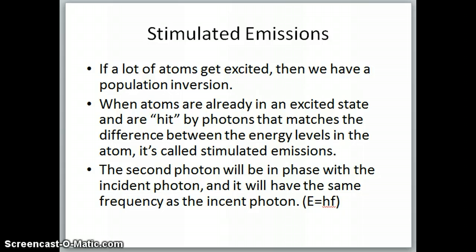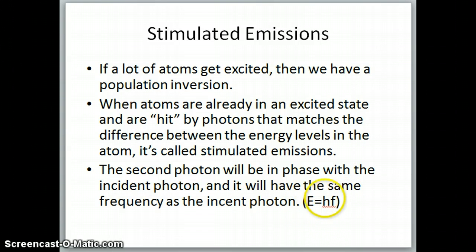In regular light, it's spontaneous emission, and that's a little different because that happens without any external forces. The external force here is the photon. So the second photon will go out with the first photon. They're kind of like friends, so they'll go out together in phase, and they'll have the same frequency, due to what we figured out in the photoelectric effect.